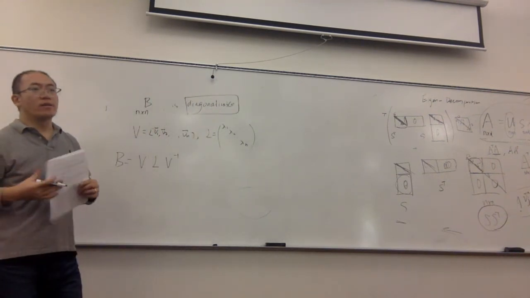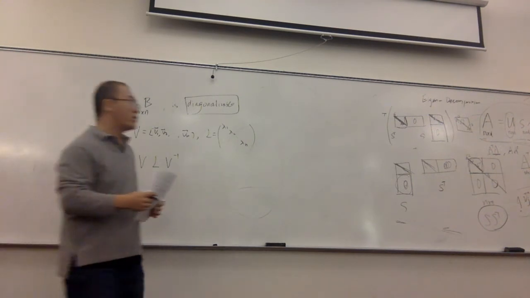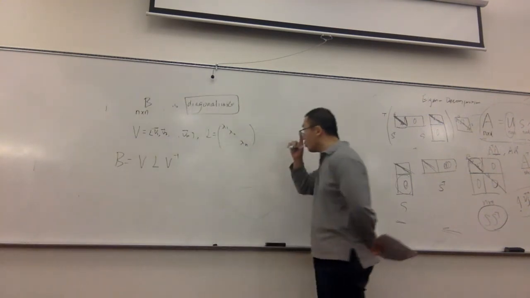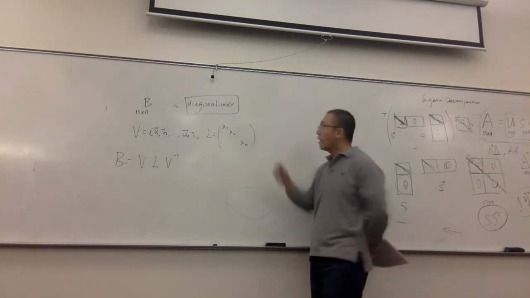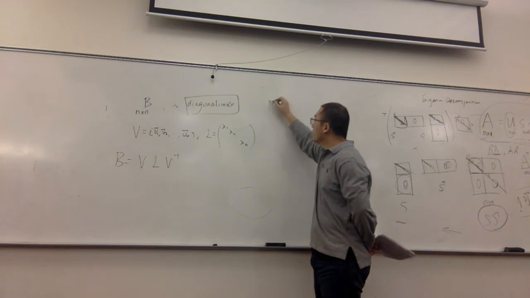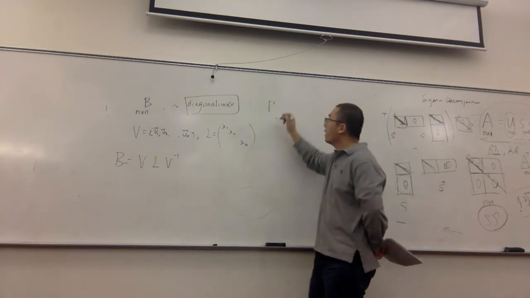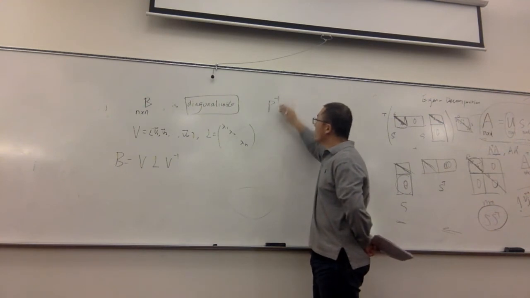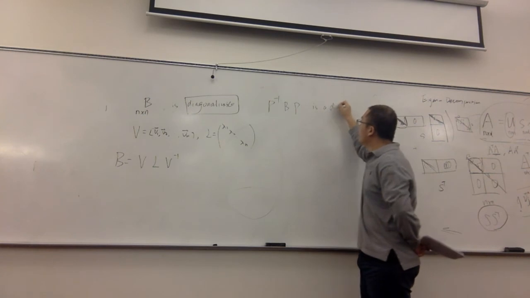This is actually something you have met in your linear algebra course, so here I just review it. What is diagonalizable? It means that you have a full rank matrix P such that P inverse times B times P is a diagonal matrix.